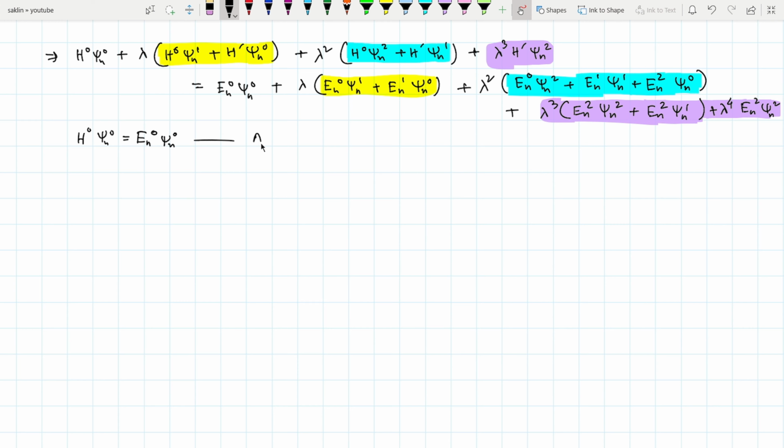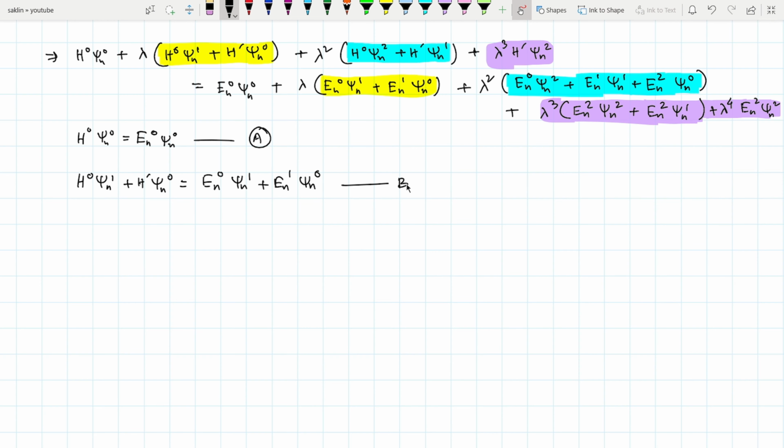This is equation A. Now equating this term and the yellow terms, we will get H0 psi n1 plus H dash psi n0 equals En0 psi n1 plus En1 psi n0.